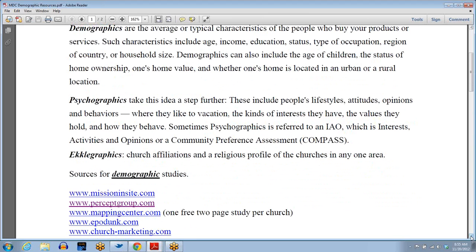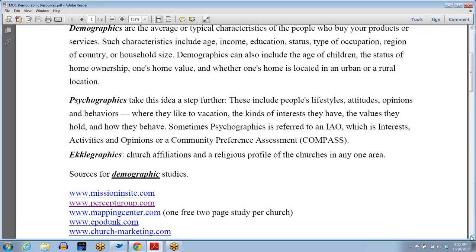Secondly is a term that you might not be as familiar with, psychographics. This takes demographics a step further, and it's talking about people's attitudes, opinions, lifestyles, and behavior, their life's perspective, their life's view. It may include what their interests are, where they like to vacation, what their value systems are, what they hold to be dear, how they behave, and you can pick it up in any number of places.